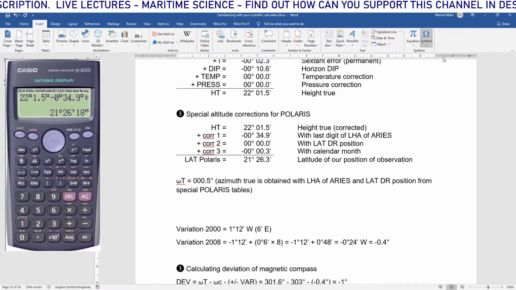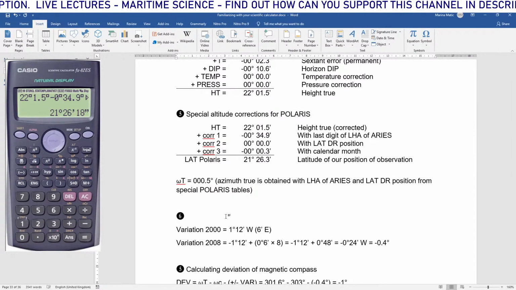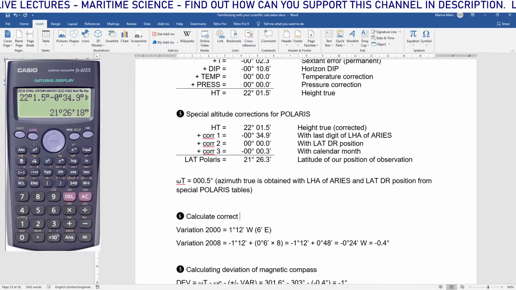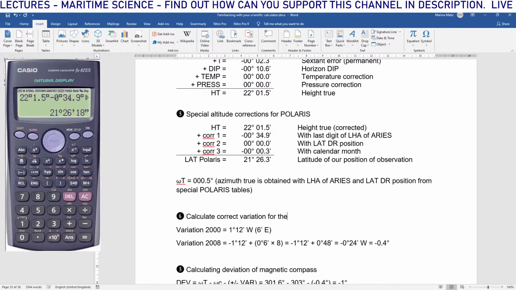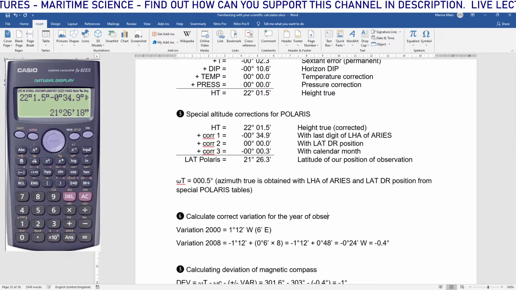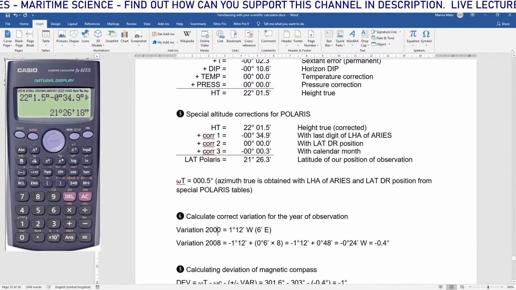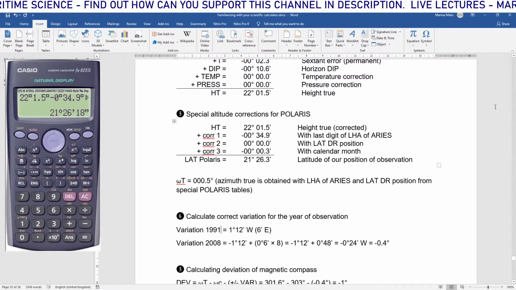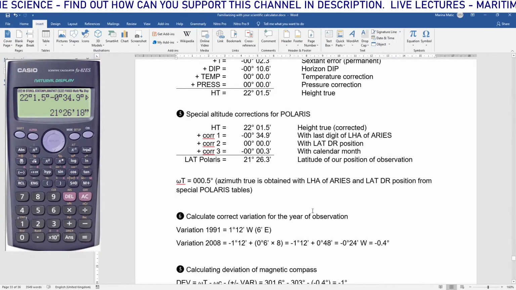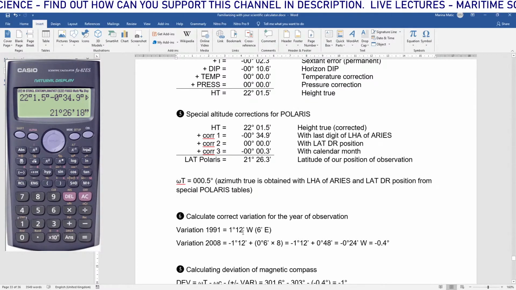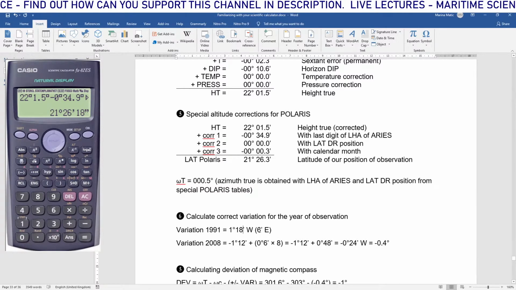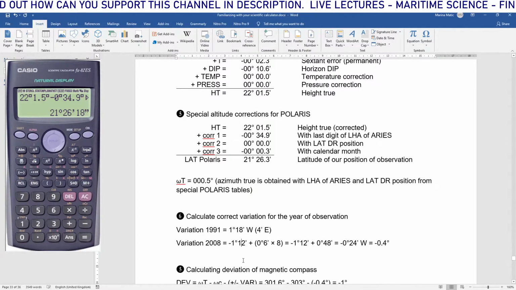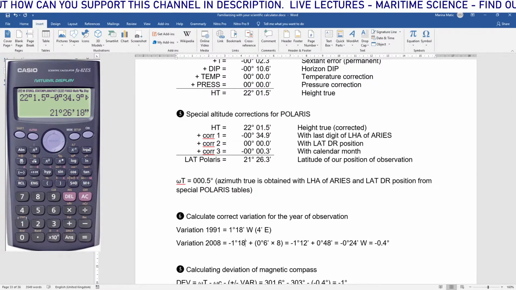Now step 6 is asking us to calculate the correct variation for the year of observation. The year of observation was 1991, I believe. Let me check. Yes, 1991, and it was 1 degree 18 minutes west, and annual change was 4 minutes east, and we need variation for 2008.